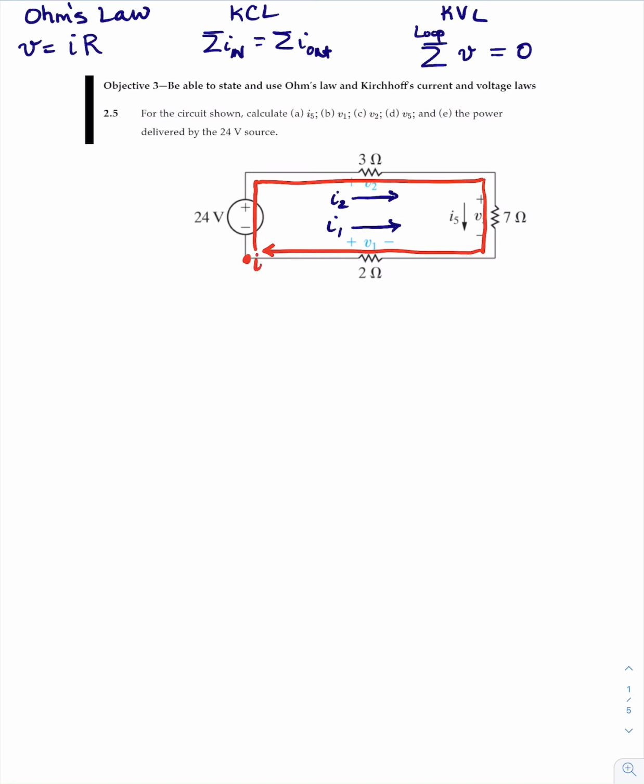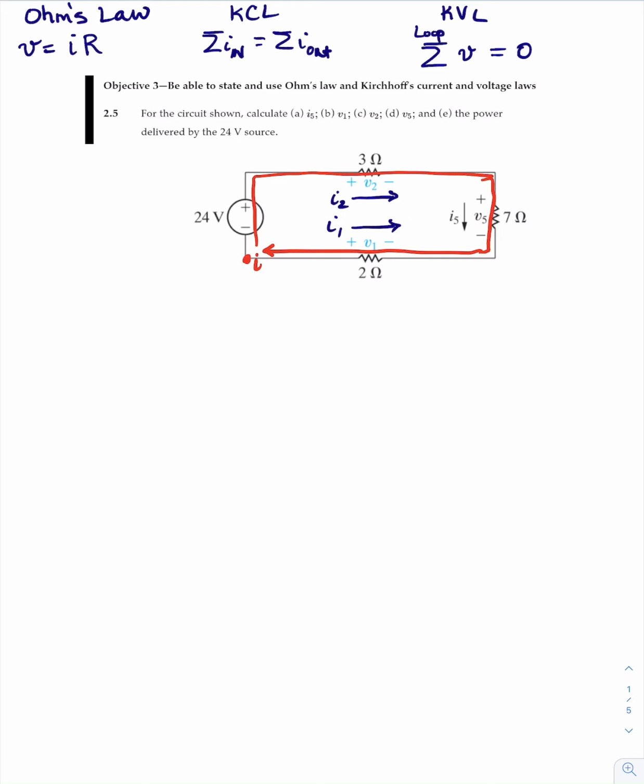So we'll call that current I. And I'm going to bring it over here a little bit, because we don't want to cover up our polarities. There you go. That way you can see the polarity of voltage too.